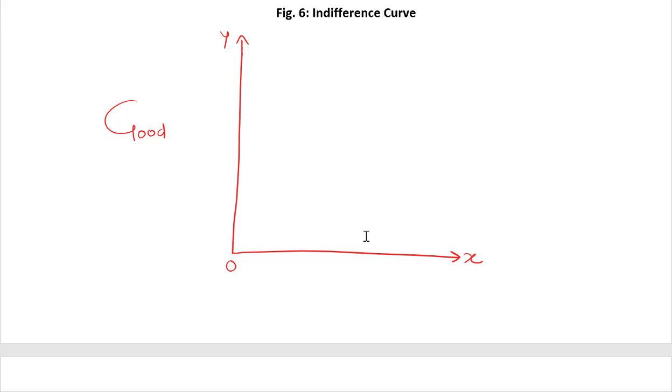On the Y-axis we are plotting good Y. On the X-axis we are plotting good X. This combination is not possible because over here, if you could see, this will become 0. So a combination with 0 is not possible.